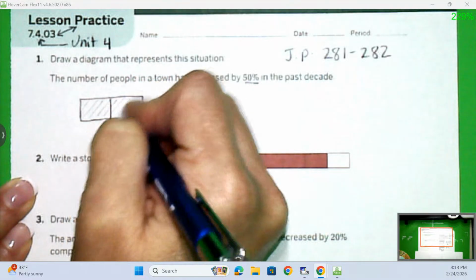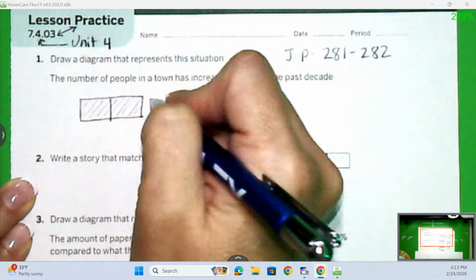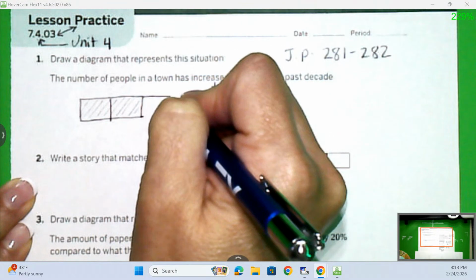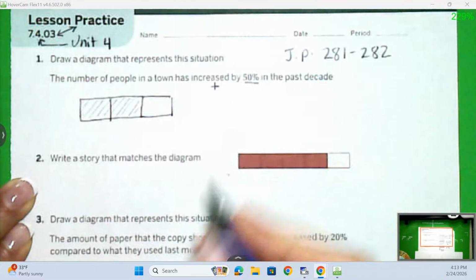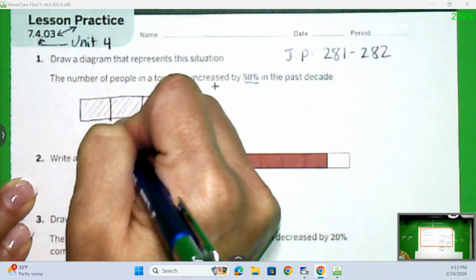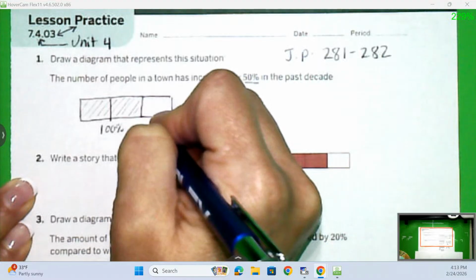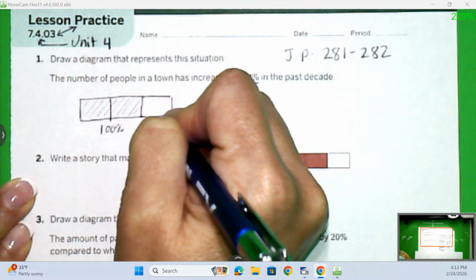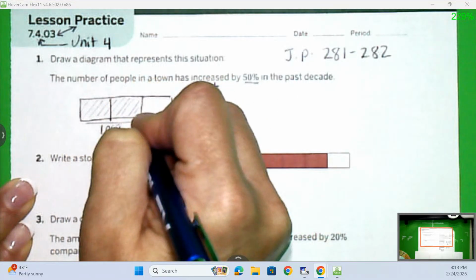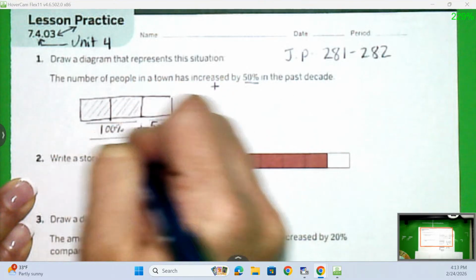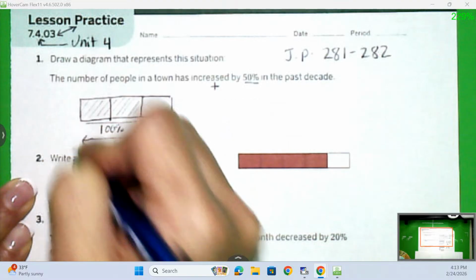So this is the original, and then you want to make your additional 50% another equal size piece to those over here. So this shows your 100% plus your 50%. So from here to that amount.